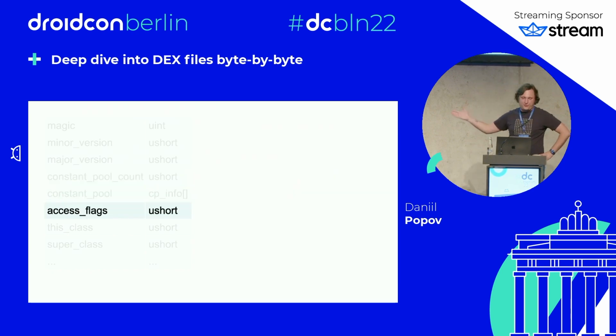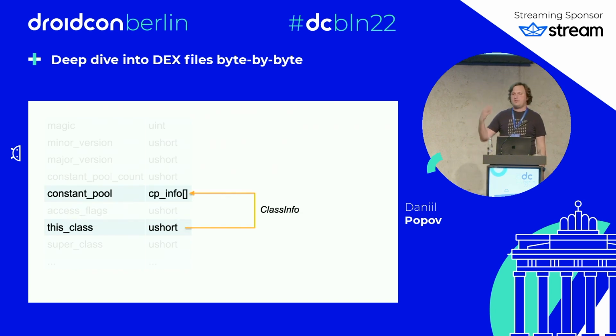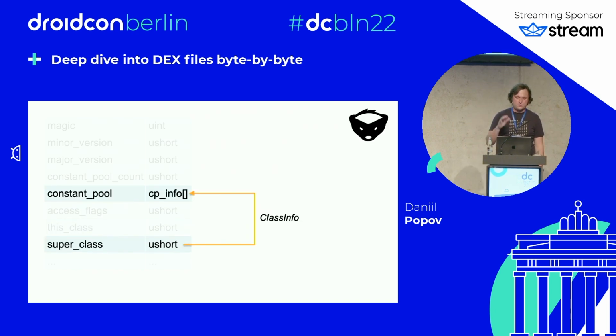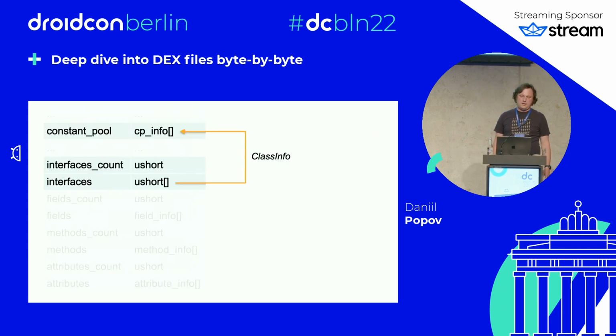There are also access flags, almost the same as we have in the DEX file. A reference to this class, a reference to the superclass, just an index in this constant pool, which denotes the type of the superclass. And we also have the interfaces implemented by this class, just an array of indices in the same constant pool.